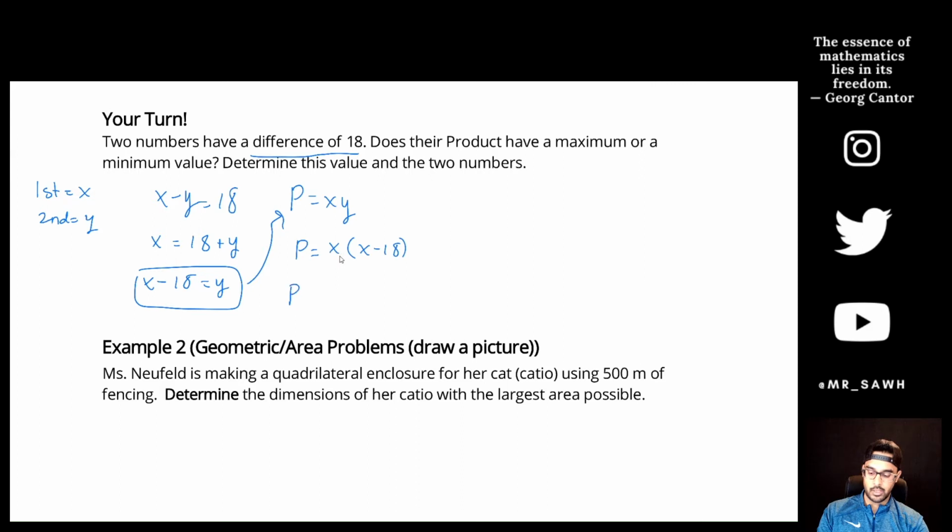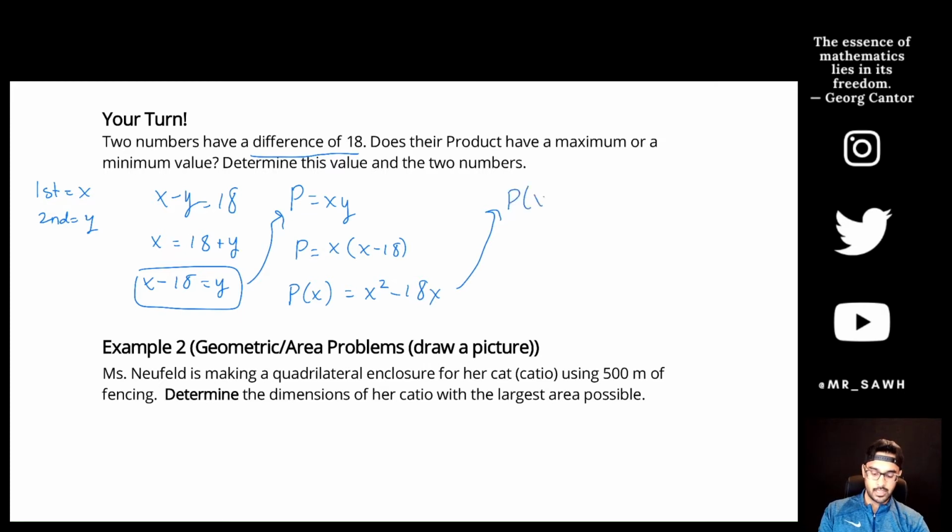So I know my product function has an input value of x, where it's equal to x squared minus 18x by distributive property. I also know it has a minimum, because the coefficient of my squared term is positive, so this opens upwards. Now I am going to complete the square again to determine my vertex.